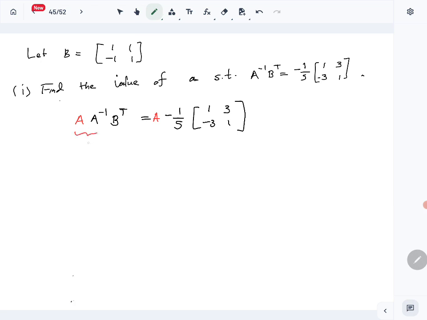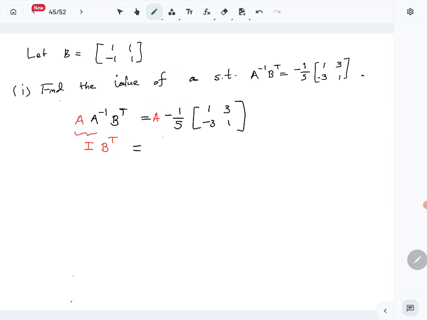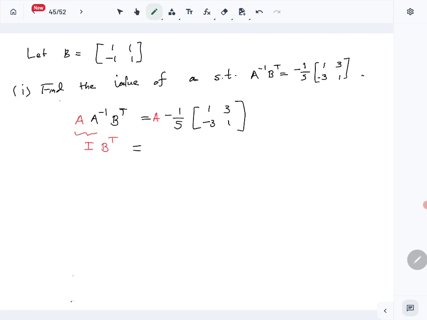Then what happens here? A times A inverse is identity matrix. Identity matrix times another matrix is that matrix itself. So we have here, what is A matrix? A matrix is [1, a; -a, 1]. And let's put this minus 1 over 5 inside.